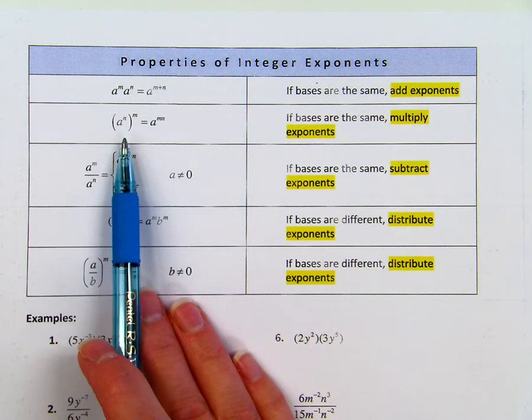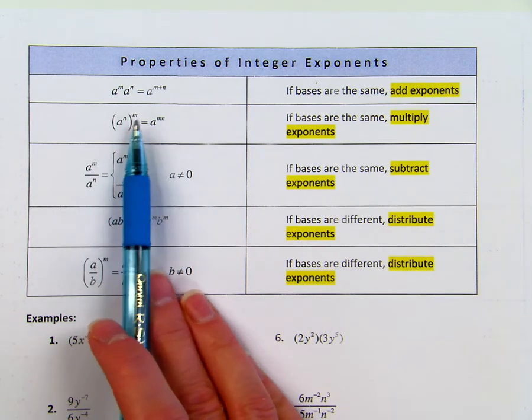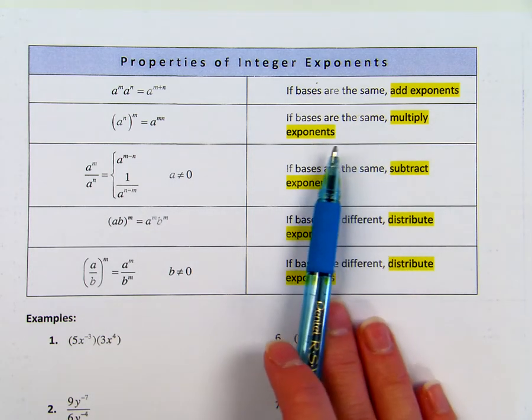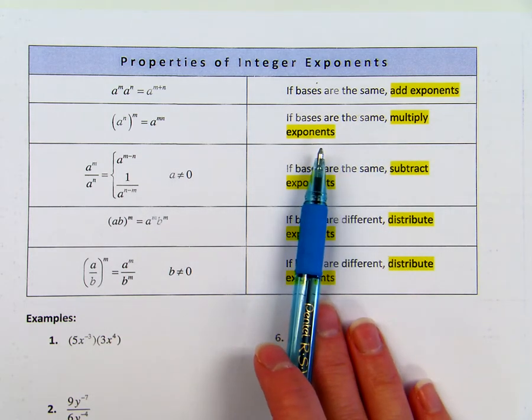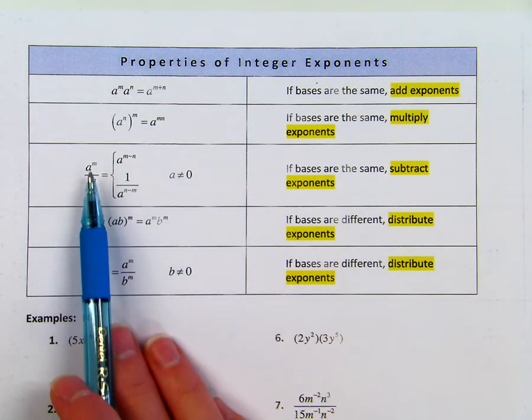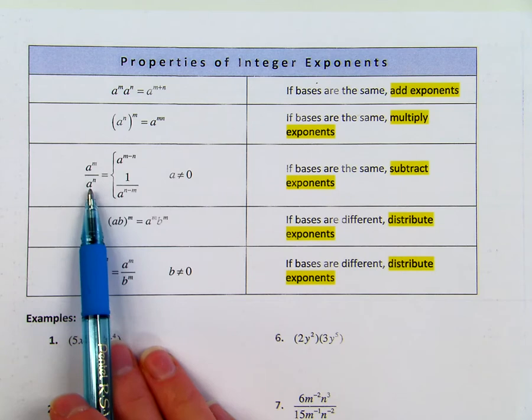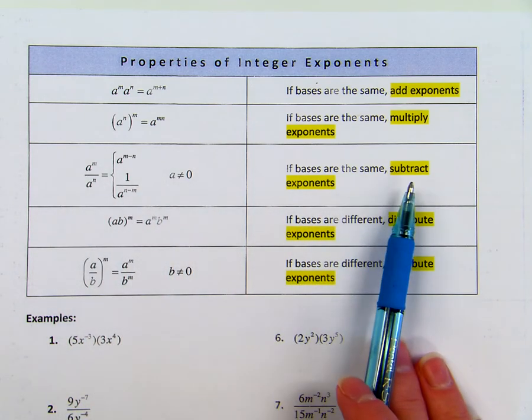When we have a power raised to a power, so you see a double exponent here, in this case, to combine the exponents, we will multiply them. Division, if we're dividing exponents that have the same base, our rule for combining these is by subtracting them.